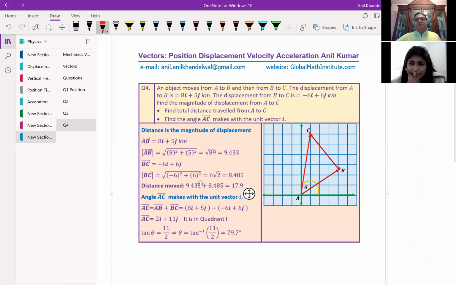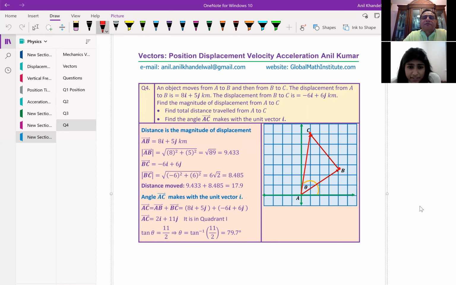So here's the last one. Can you please read this question? An object moves from A to B and then from B to C. The displacement from A to B is 8i plus 5j kilometers. The displacement from B to C is minus 6i plus 6j kilometers.